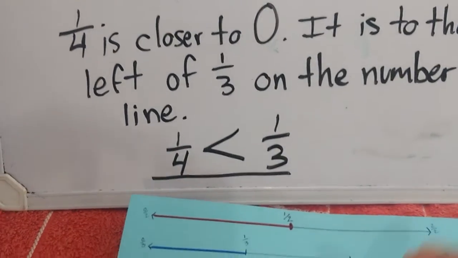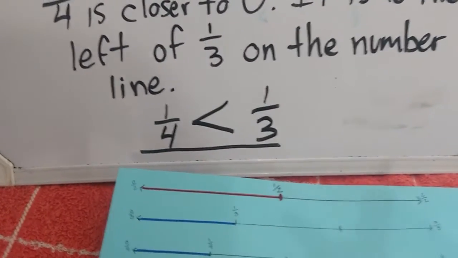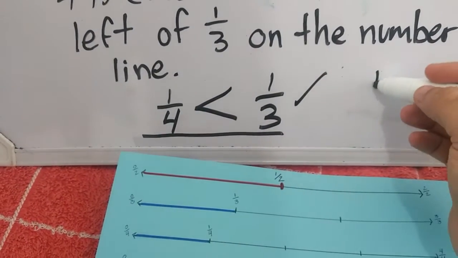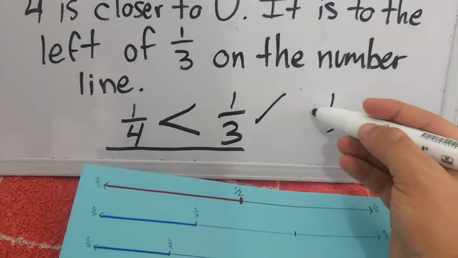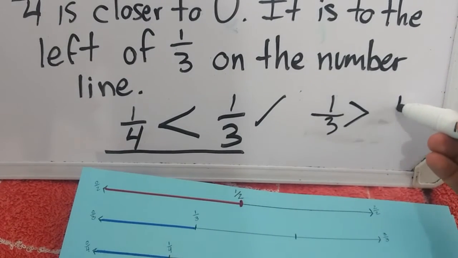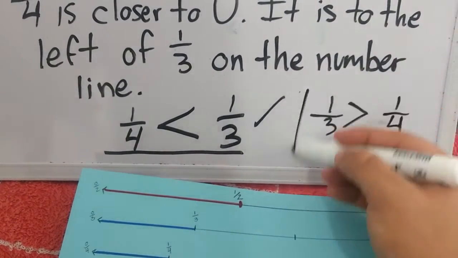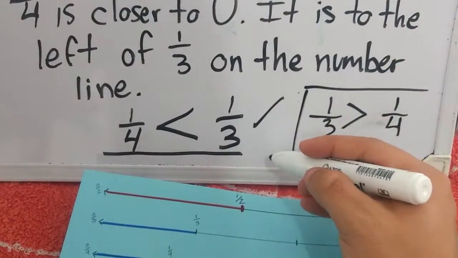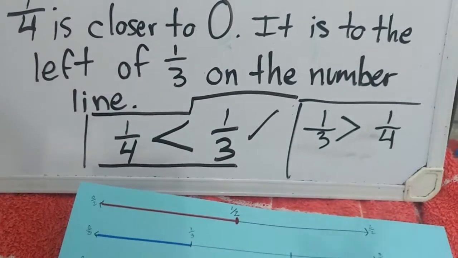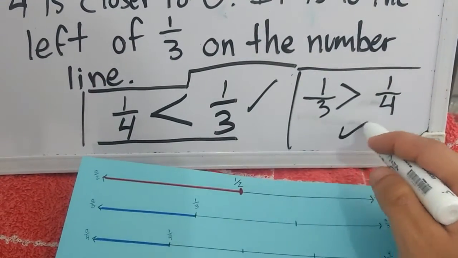Or we can do it the other way around. This is one example. The other example could be 1/3 is greater than 1/4, and there you go. We can have multiple answers, for example this one or this one.